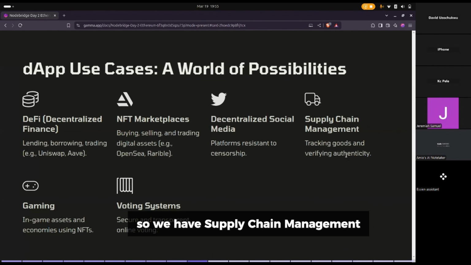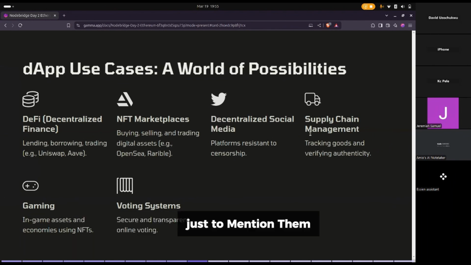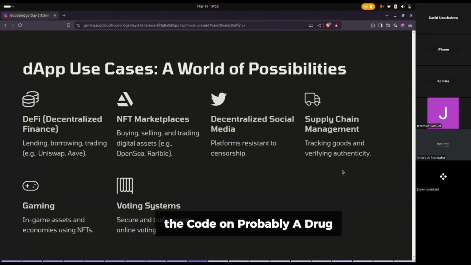So we have supply chain management, tracking goods and verifying authenticity. There are so many platforms. I've seen so many projects, but just to mention them off my head. Imagine in Nigeria, we now have maybe the code on a drug.